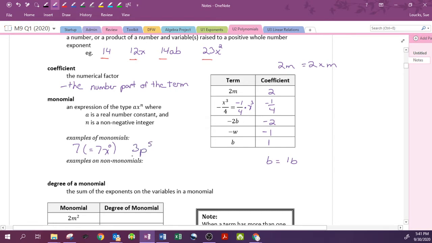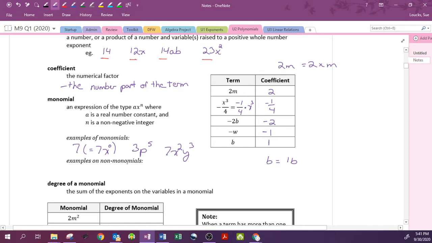This is a real number. This is a variable to an exponent that is a non-negative integer, okay? 7x squared y cubed. Okay, so that's got a couple of variables with exponents, but they're non-negative integers. They're positive numbers. Okay, or 0, right?